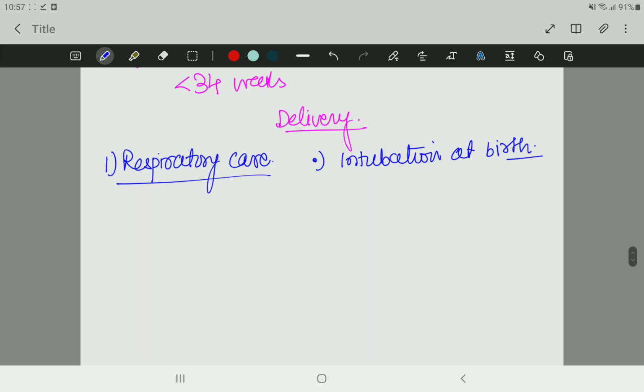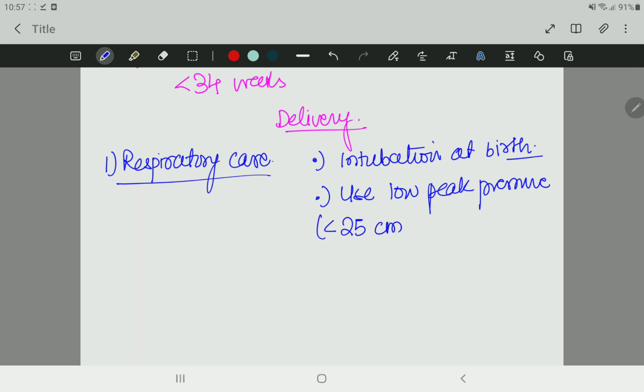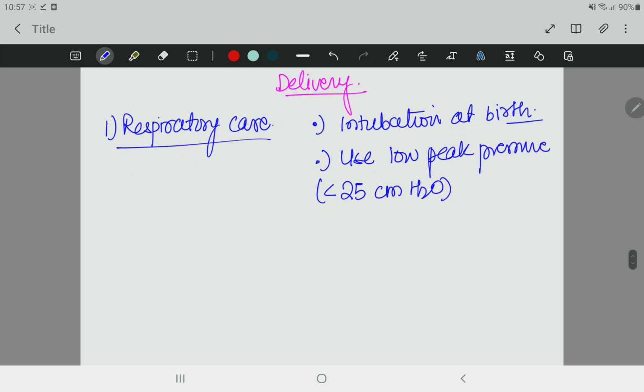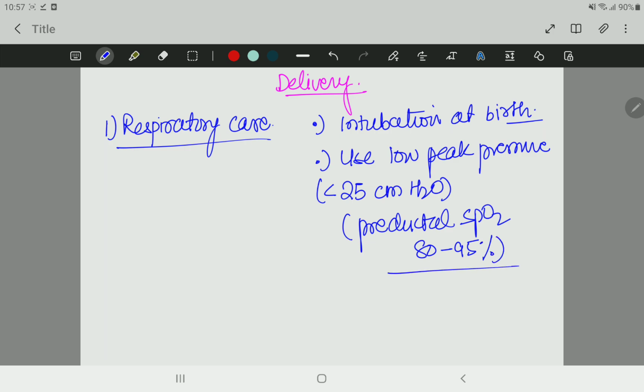Second, use low peak pressures, which means less than 25 centimeter of water, to achieve good ventilation. By good ventilation, the preductal SpO2 should be 80 to 95%. Then we'll see what is meant by preductal and postductal SpO2.